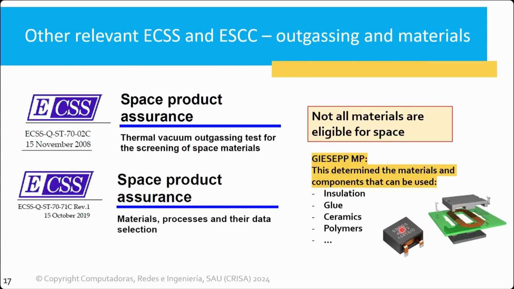We can have an encapsulation, a potting material, in order to add insulation. We have PCB with different materials as well. Of course, all these materials need to meet these standards. As a consequence, we cannot choose freely, and there are some limitations on which materials we can use for space conditions.